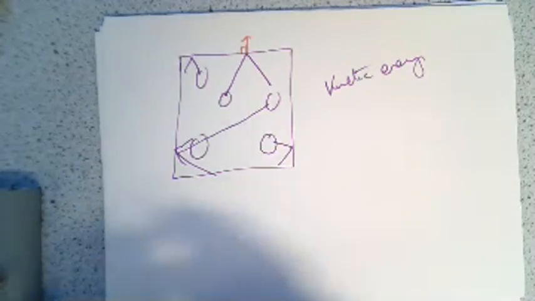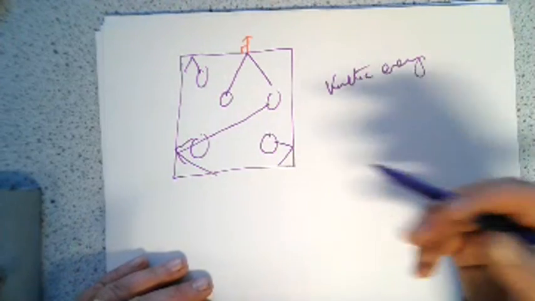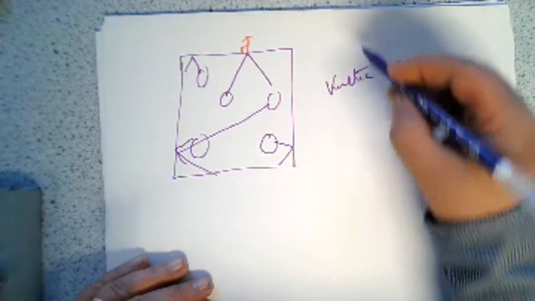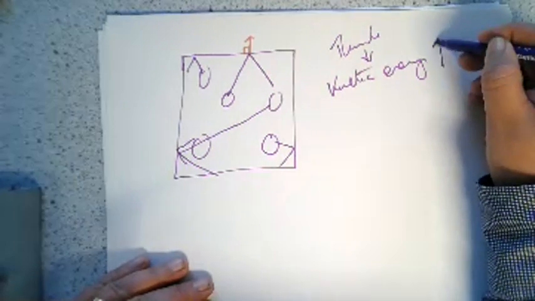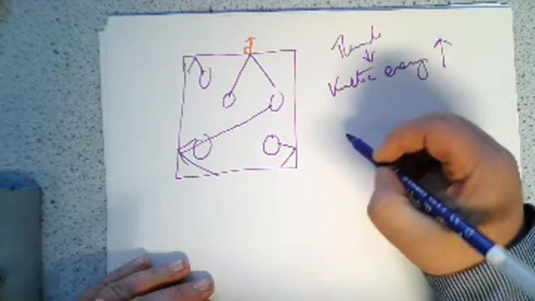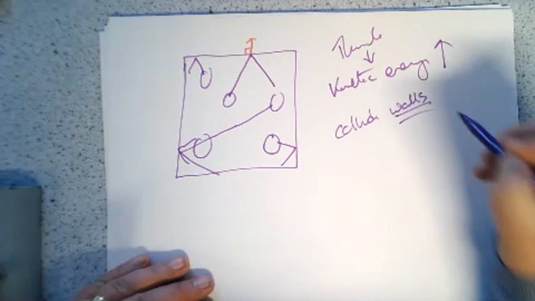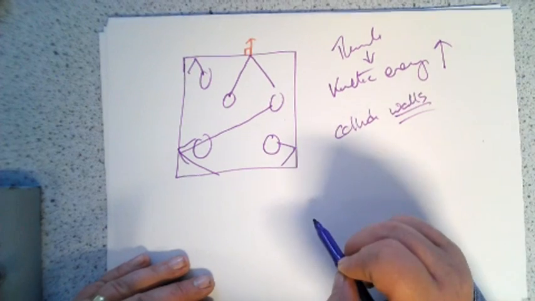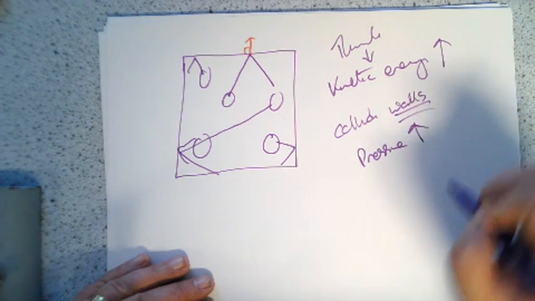If I heat up the system, so I put some thermal energy in, this is part of our energy transfers, the kinetic energy is going to increase. That means those particles are going to be moving around faster and they're going to collide with the walls, and this is very important, more often. If they collide with the walls more often, the pressure goes up.